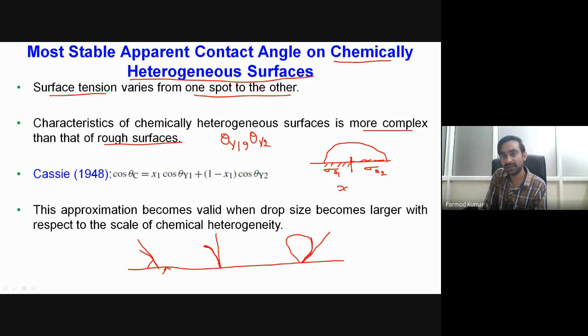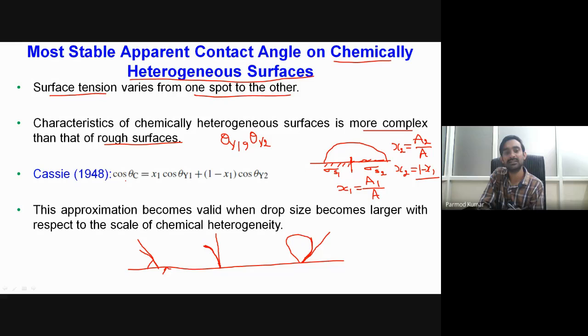Say X1 refers to the contact area which is in contact with the surface chemistry of A1 divided by the total area of the droplet. Okay, and X2 we consider as A2 divided by A, where A represents the total contact area of the droplet. So if we have only two surface characteristics, in that case we will find that our X2 will be equal to 1 minus X1. Okay, so that is something which is done over here.